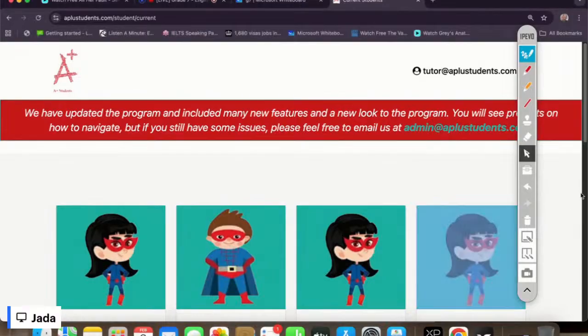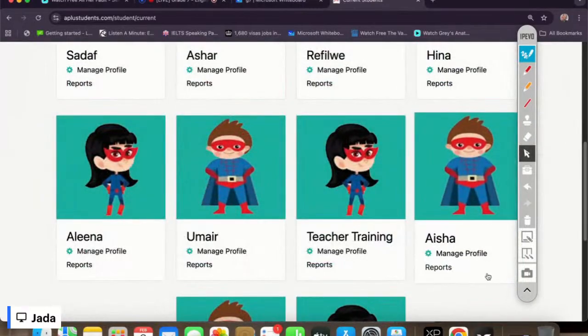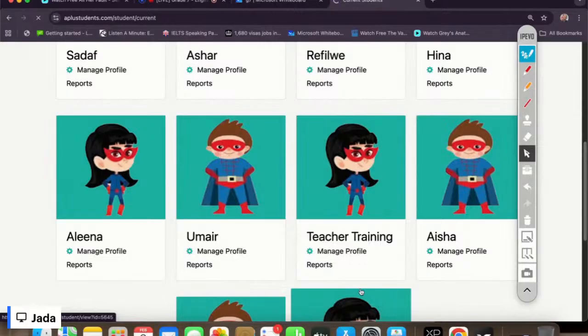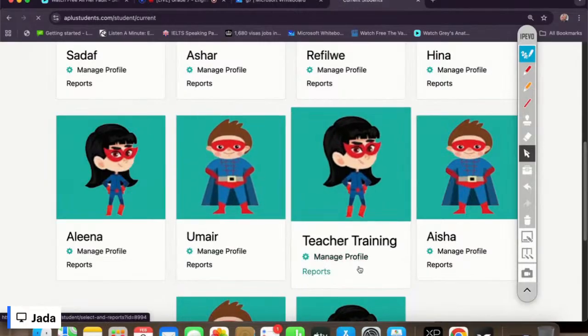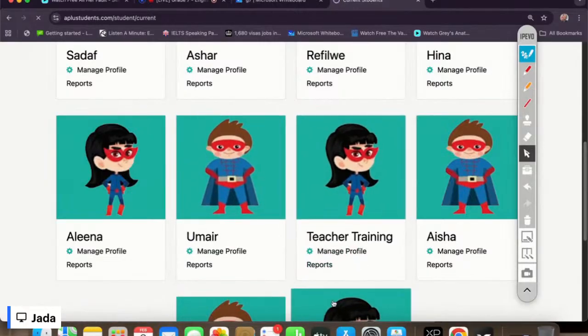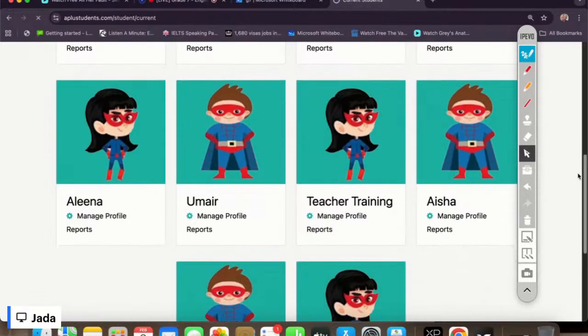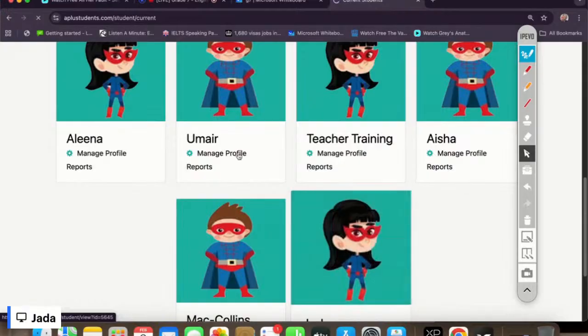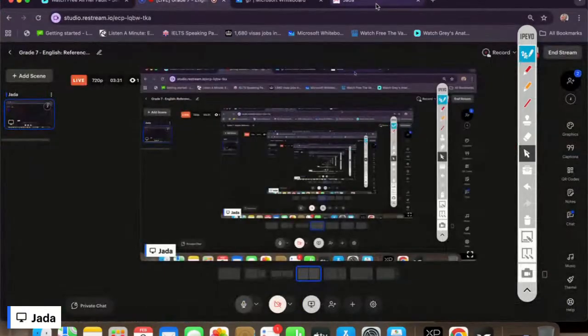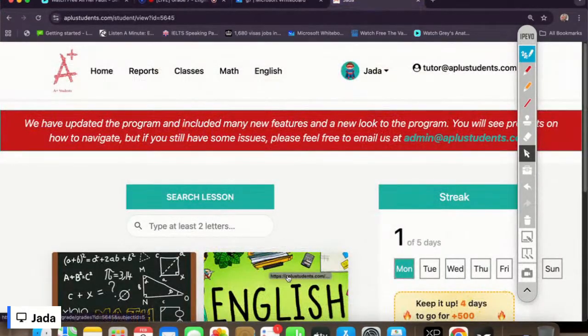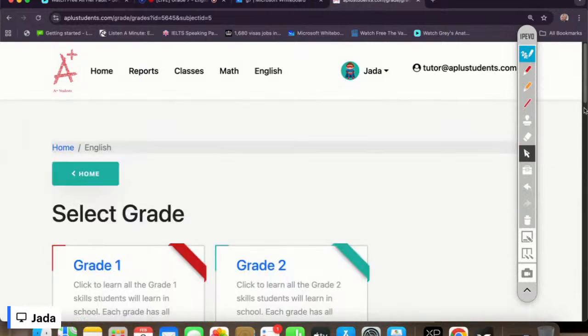Alright, so I'll take you through logging in. After clicking on the aplusstudent.com, move over here and you click on your name. Then you go to English, which is language arts.